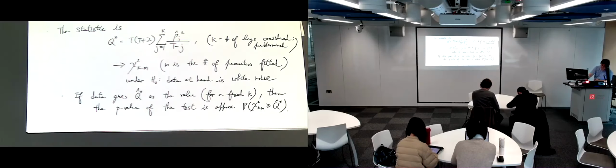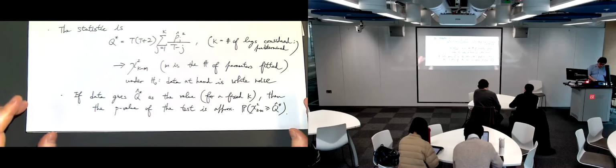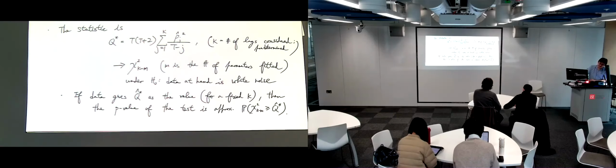If it's very different from white noise, you will expect extremely small p-values. In that fit, the p-values are not that small, all much bigger than 5%. So diagnostically, the fit looks like white noise at least.